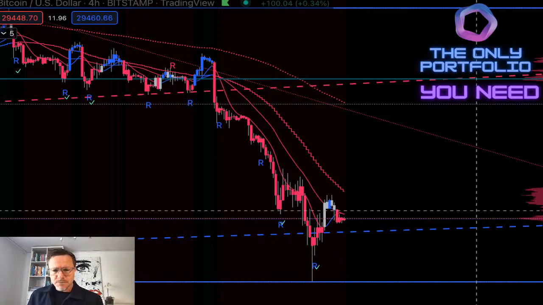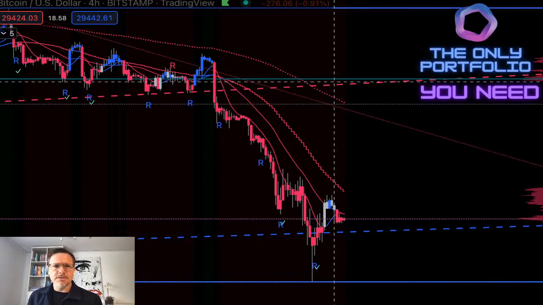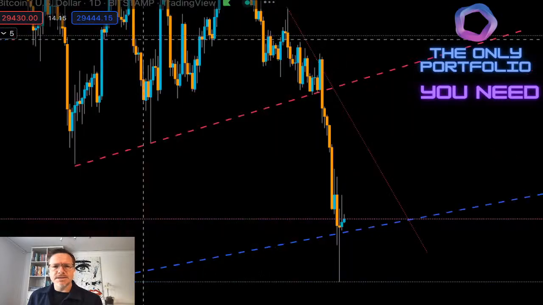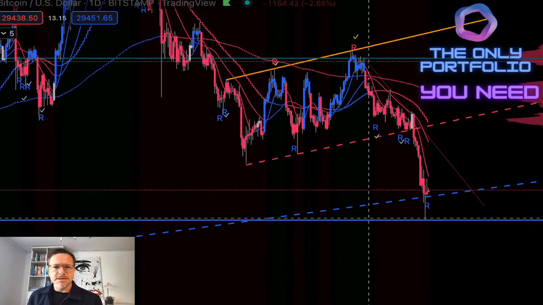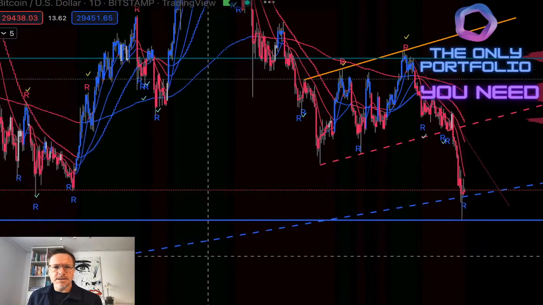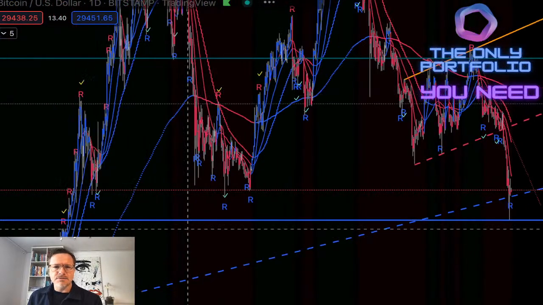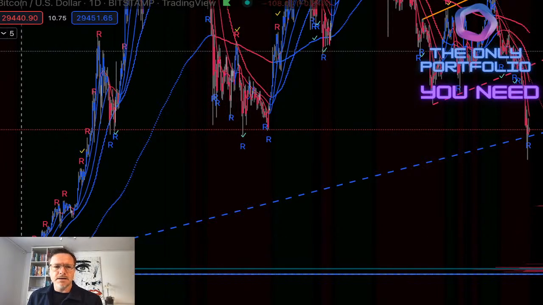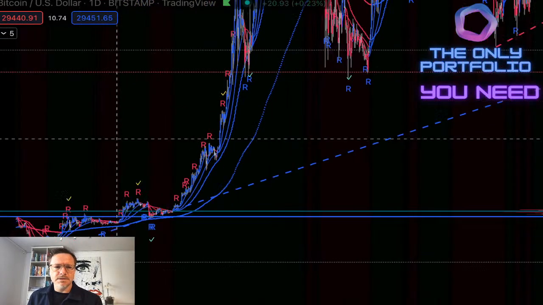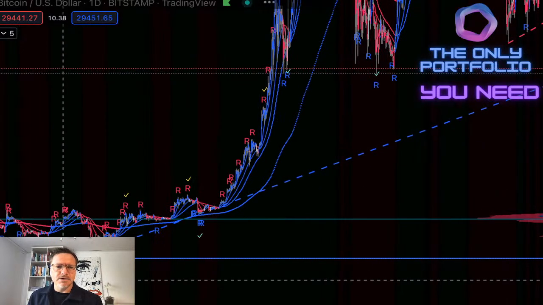Often, if we jump to the daily, we see clearly that this support line, I have drawn it from March 20, or way back, longer back.